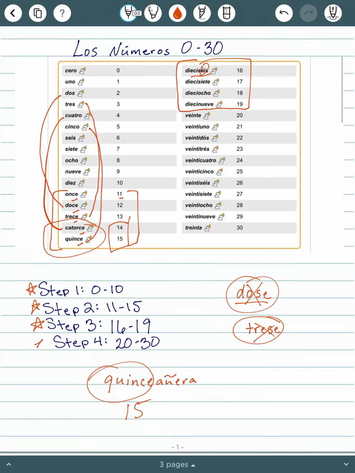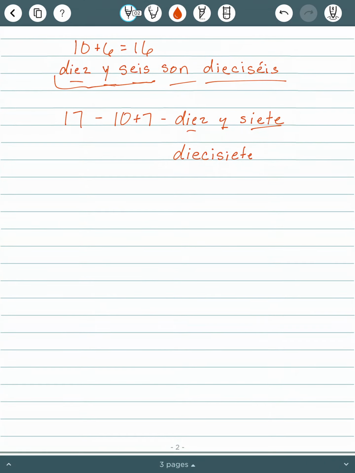So then step number 4 is 20 through 30. So with 20 through 30, you want to memorize 20, veinte. And then we're back to doing an addition problem. So if I wanted to say 23, that's 20 plus 3. And 20 we know is veinte plus tres. And we're going to turn that into one long word, change up the spelling just a bit.